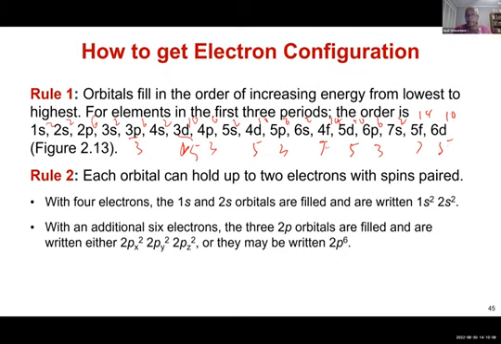When you have electron shapes having more than one atomic orbital, like P has 3, D has 5, F has 7, you have to increase the number of electrons by multiplying, 3 times 2, 6 in the P level.